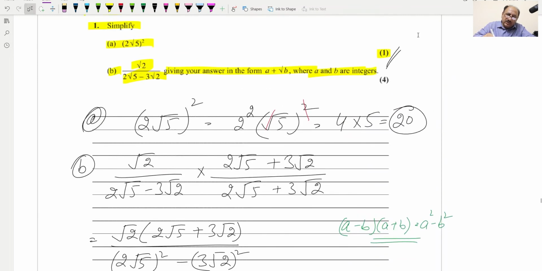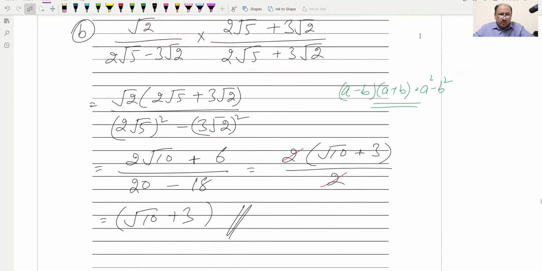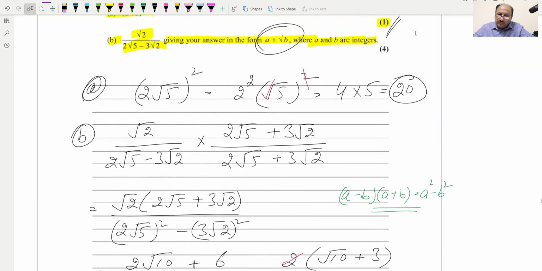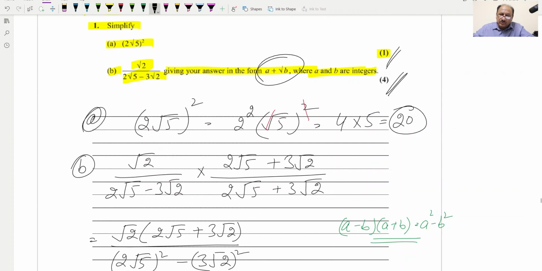For B part, they are saying a plus b root. So a value is basically we can reshape it as 3 plus root 10. So a is equal to 3 and b is equal to 10. This will be the final answer, which is a 4 marks question which we have done.